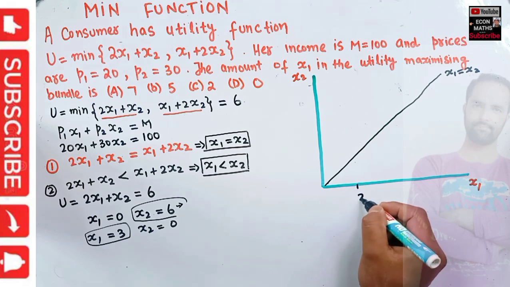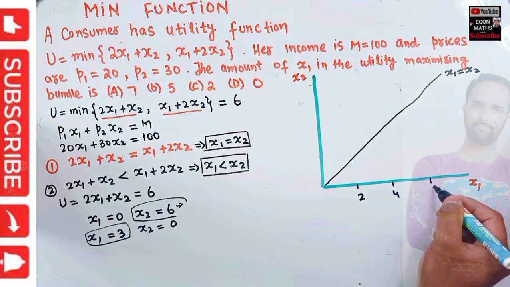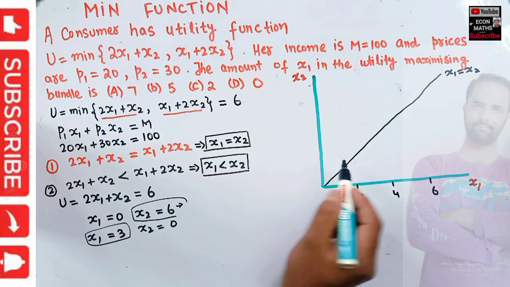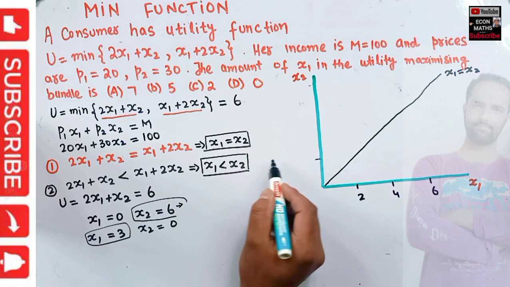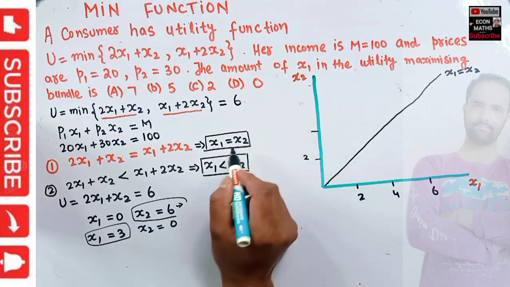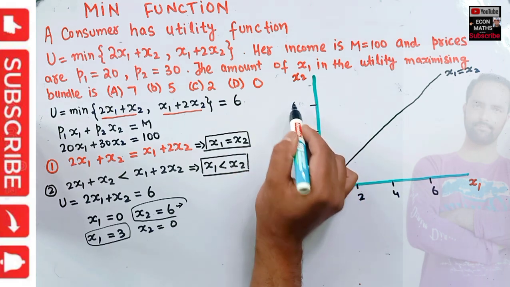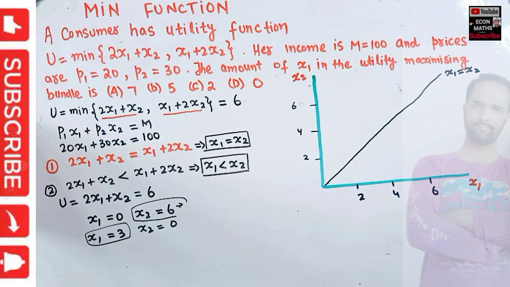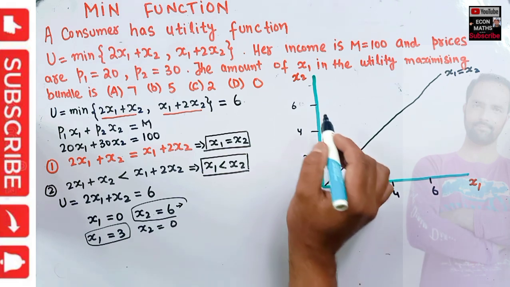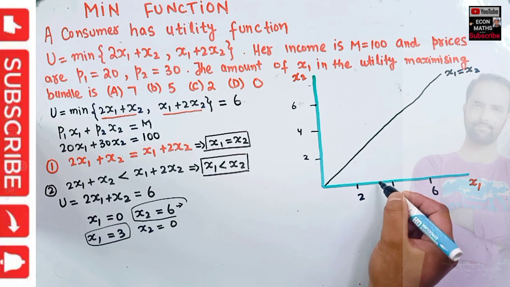Let us say this is 2, this is 4, this is 6, and similarly here we have 2, 4 and 6. Solving these two, we have 6 on x2 at this point and 3 on x1, let us say it is here.